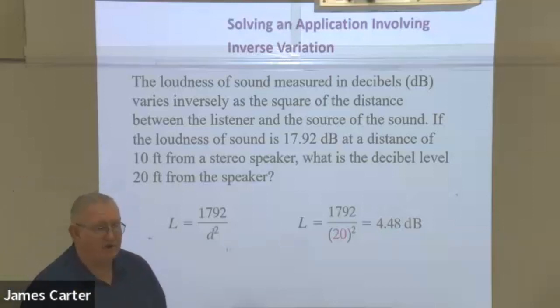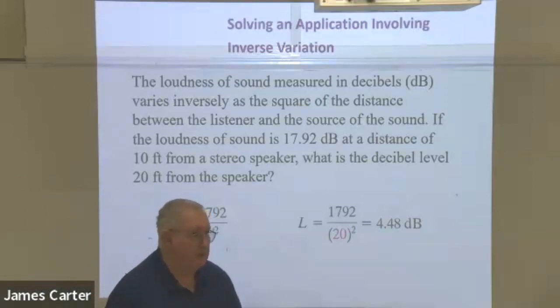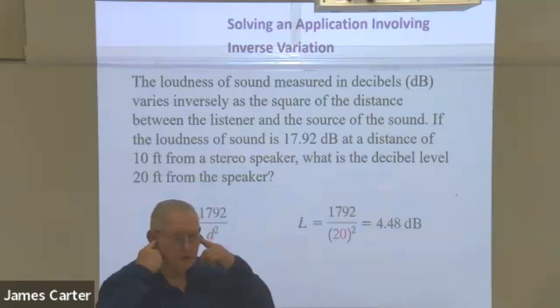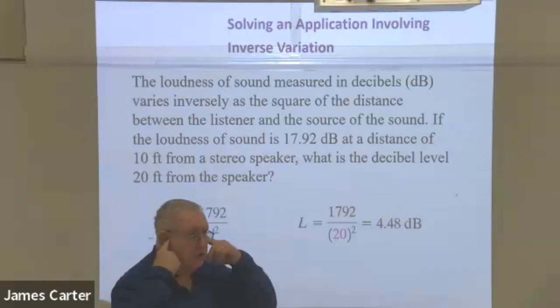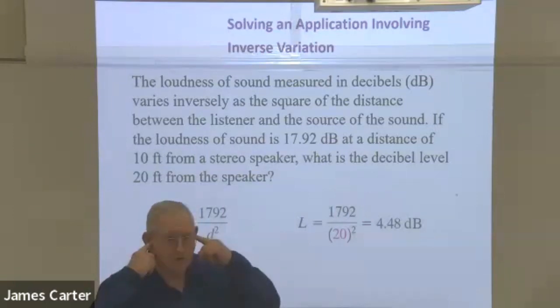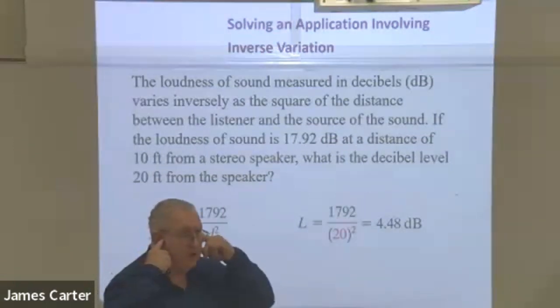Actually, that's not very loud. My generator on my camper is about 50 decibels. When you listen through a set of headphones, because they are so close, we're actually somewhere in the 75 to 100 decibel range.